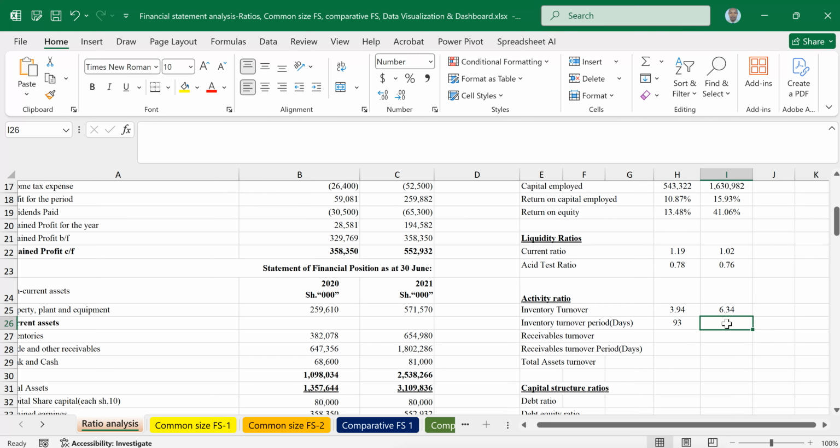That will be equal sign. You can open the bracket, then we start with, I think it's two brackets.